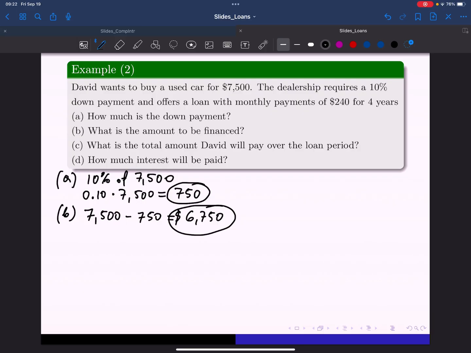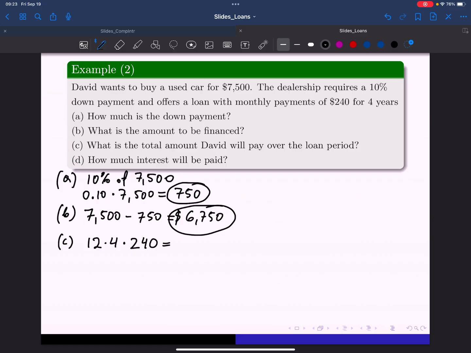Now part C, how much does David pay? He pays monthly for 4 years. How many months in a year? We have 12 months times 4 years times the amount, which is 240.